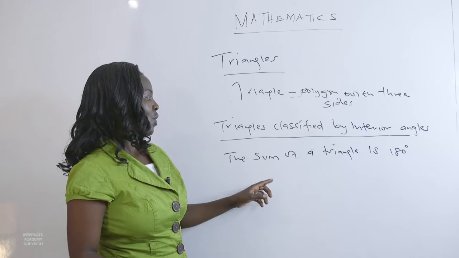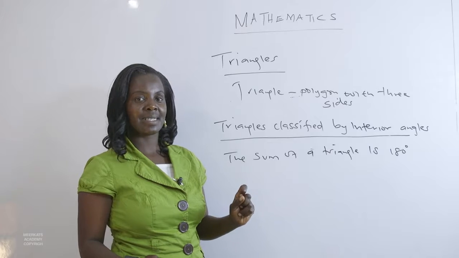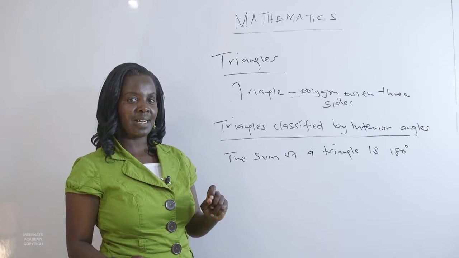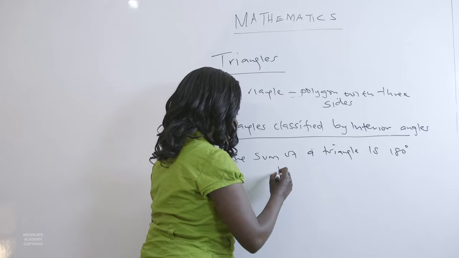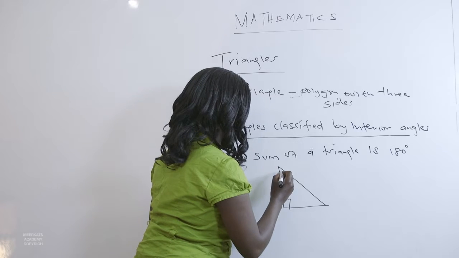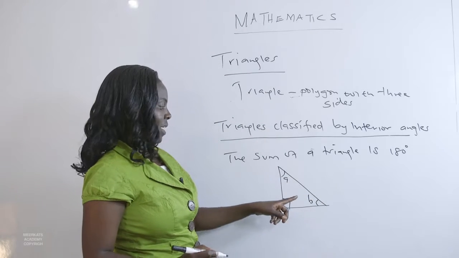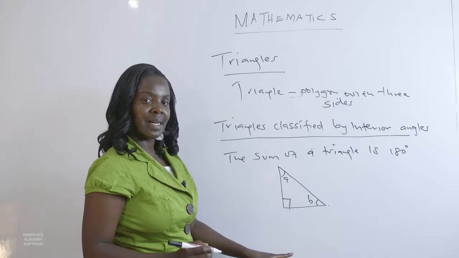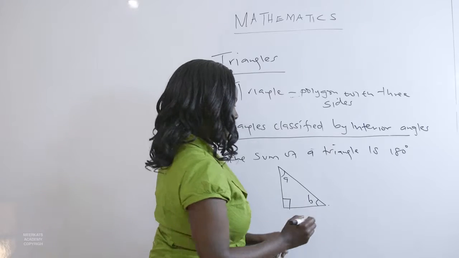The sum of interior angles of a triangle is 180 degrees. The sum of all the interior angles of a triangle is 180 degrees. So if we have a triangle like this, then all the 3 angles should add up to 180 degrees.